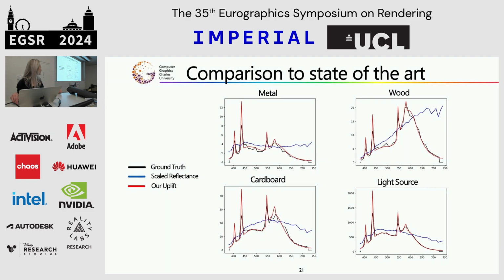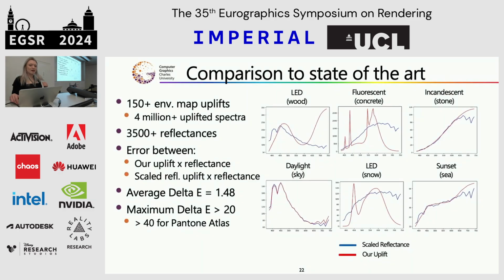And you can see that our uplift is extremely similar to the ground truth, while the scaled reflectance shows quite a significant difference. So while we cannot provide a conclusive measure of the similarity of the ground truth to our uplifting, we can provide a measure of the difference between the scaled reflectance uplifting and our uplifting.